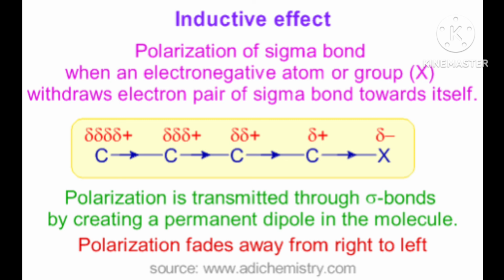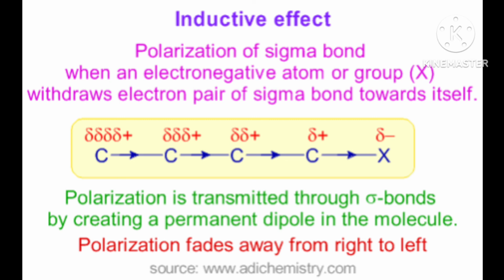Then here carbon 2 also develops some positive charge, where double delta plus symbolizes a relatively smaller positive charge as compared to that on carbon 1. In other words, the polar C-Cl bond induces polarity in the adjacent bond.